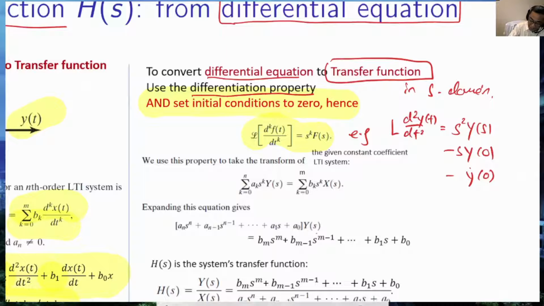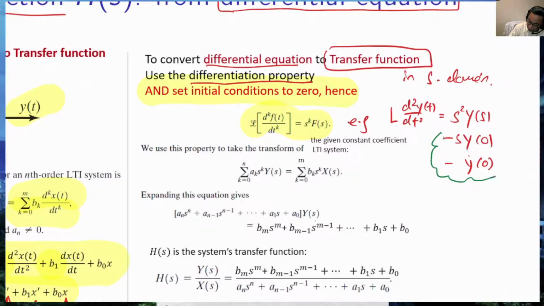Now these two terms are the initial conditions, and if we are given these values, we are not even going to use them. We ignore them, we set them to 0 when we are looking for the transfer function.